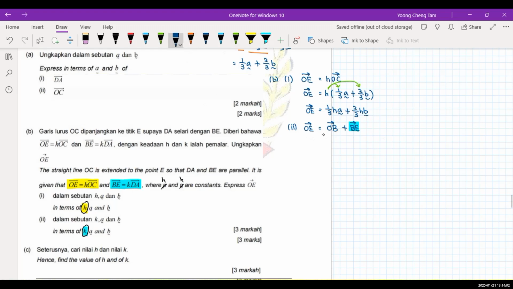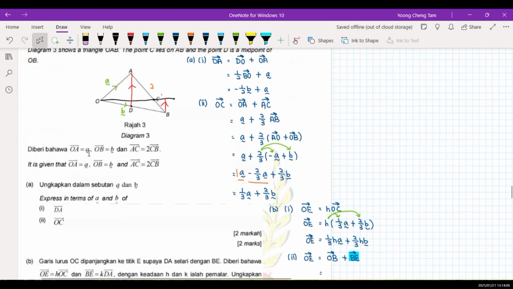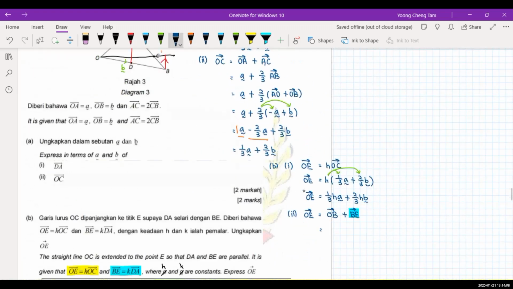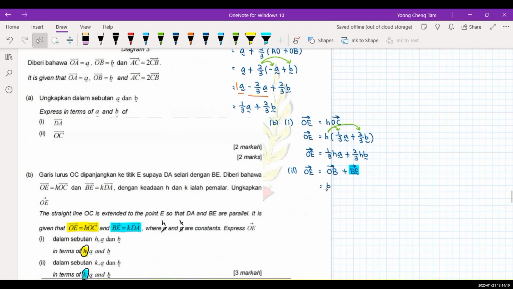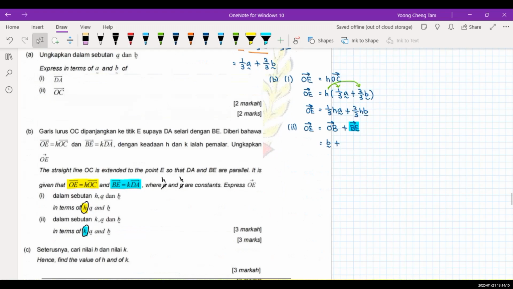Now let's substitute the vectors. For the vector OB, if you refer to the question, OB is equal to vector B, so you can just write B here. Then plus BE. According to the question, BE is equal to K DA.